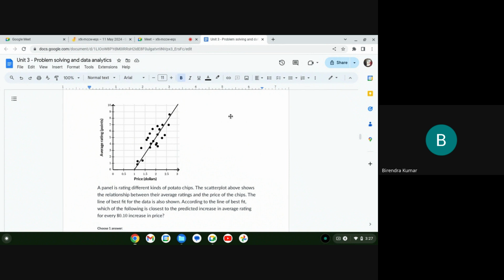Let's read it first. Let's take a look at the scatter plot first, and then read the question. After a minute, we'll start discussing.